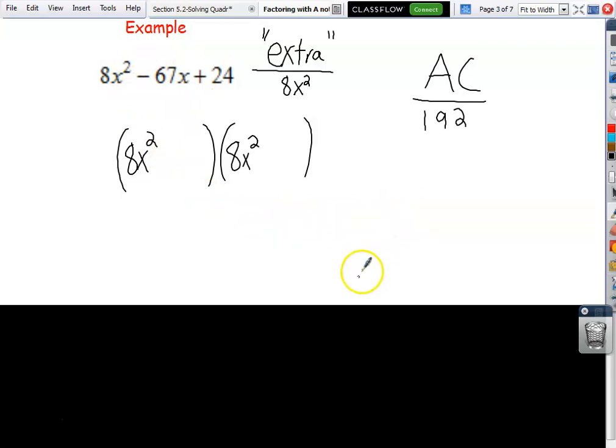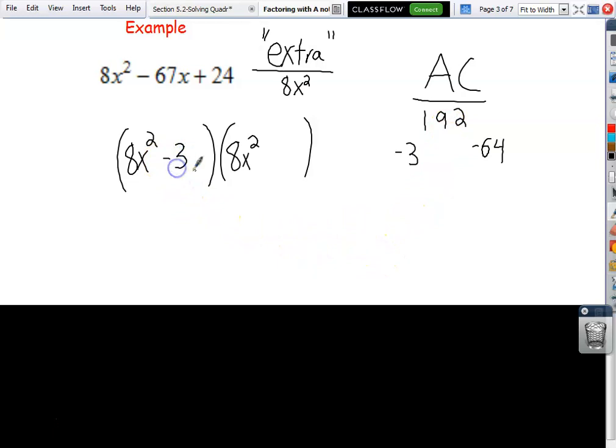Let us think about that for a minute. Well, after thinking about it, I realize that these numbers are going to be negative 3 and negative 64. Negative 3 plus negative 64 equals negative 67, and negative 3 times negative 64 gives me 192. I then write those two numbers right here.